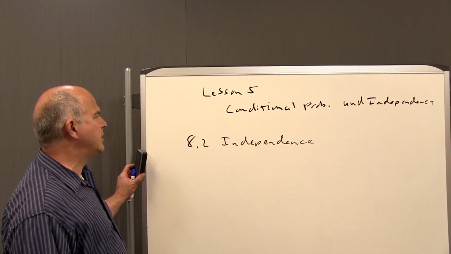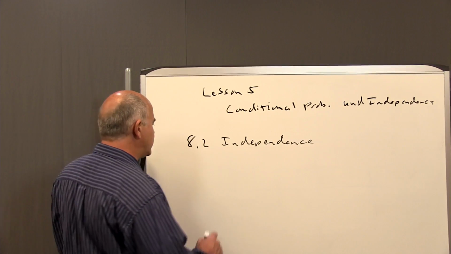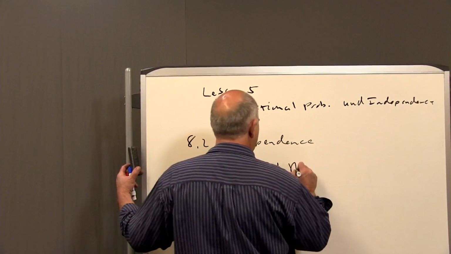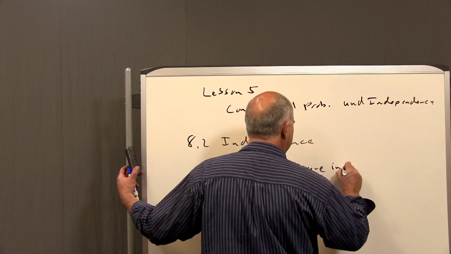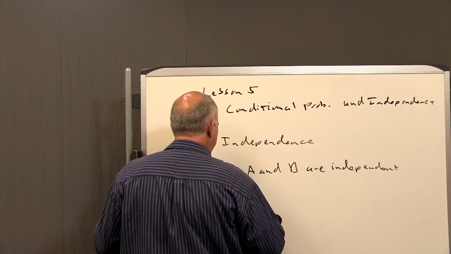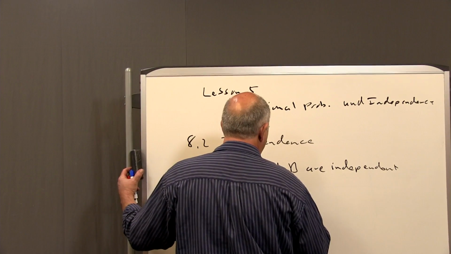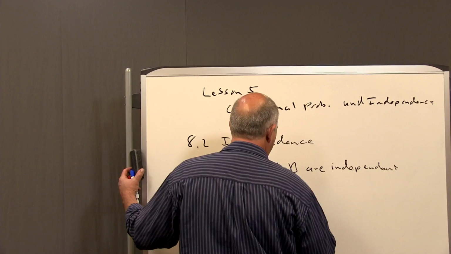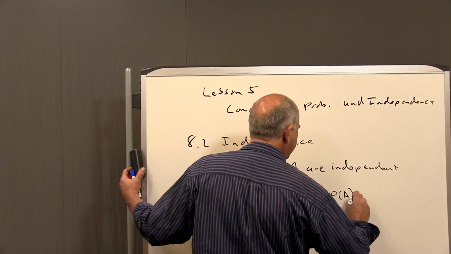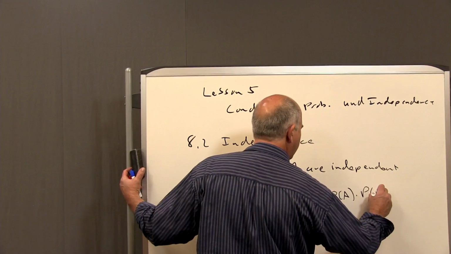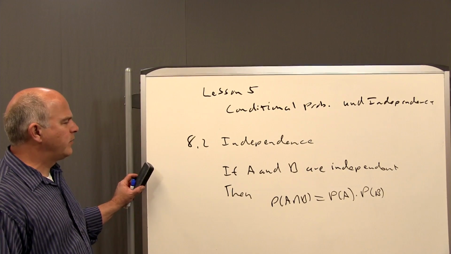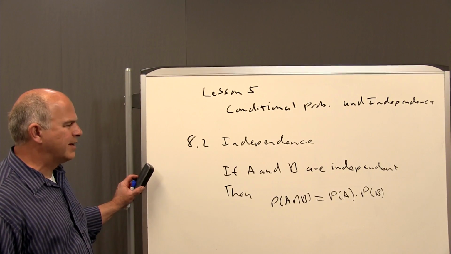On the other hand, you might be using independence. If A and B are independent, then the probability of A intersect B is equal to the probability of A times the probability of B. When two events are independent, we have this special formula that generates the probability of the intersection.